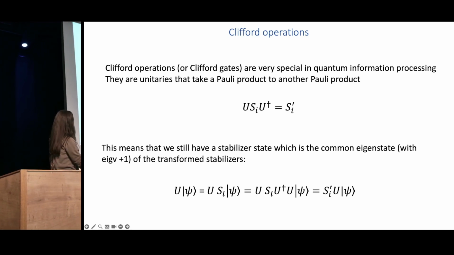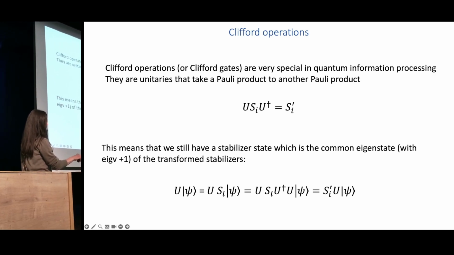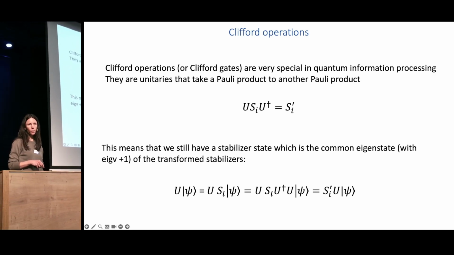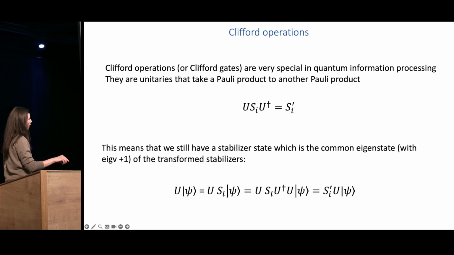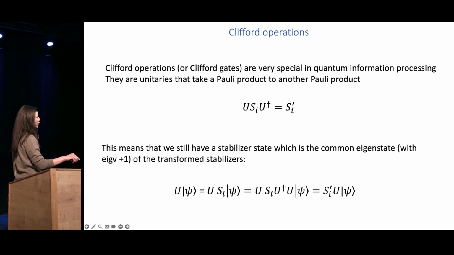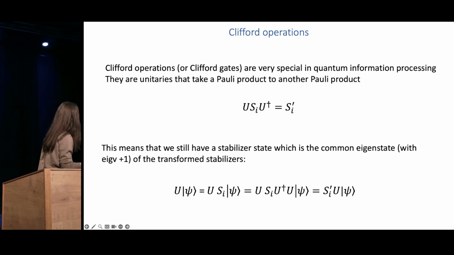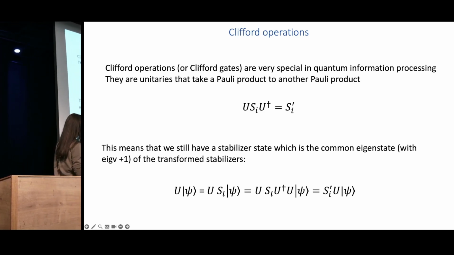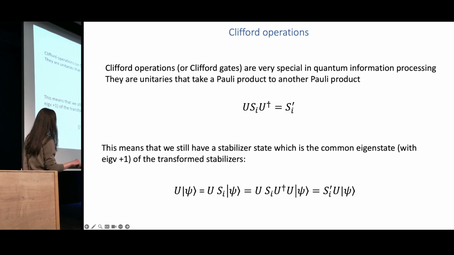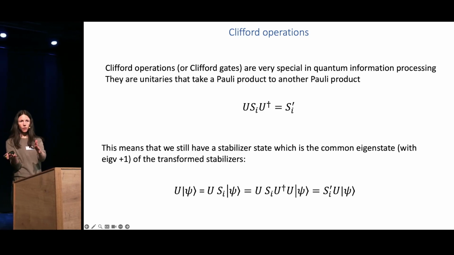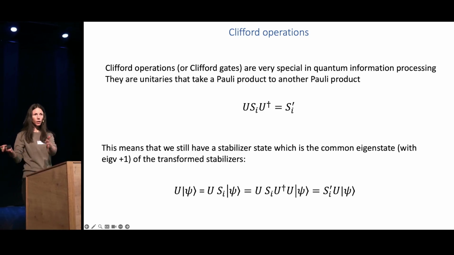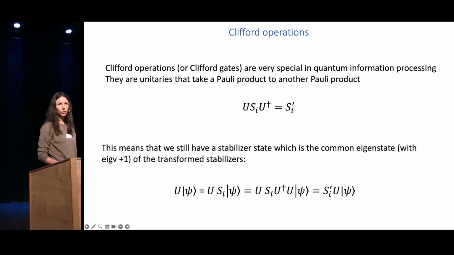And then I'm going to also inject the identity in the form of U dagger U. And then what do we see? That we have an S_i prime forming over here from this sandwich. And then I get back U acting on the state, which is the state psi prime, right? So I'm going to another stabilizer set and another stabilizer state through Clifford operators.